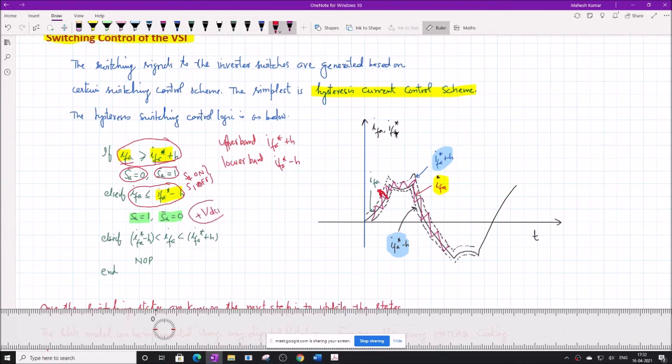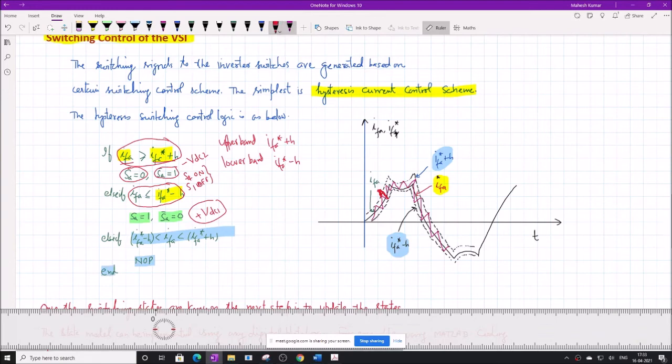Because the current is less than the reference star minus H, we have to increase the current, which means SA is equal to 1, SA var is equal to 0. If the current is between the two limits, IFA star minus H and IFA star plus H, in that case no operation, don't do anything, and stay in the switch loop.